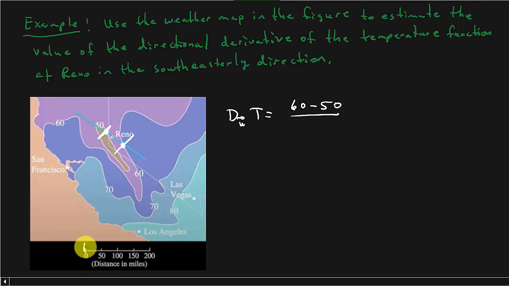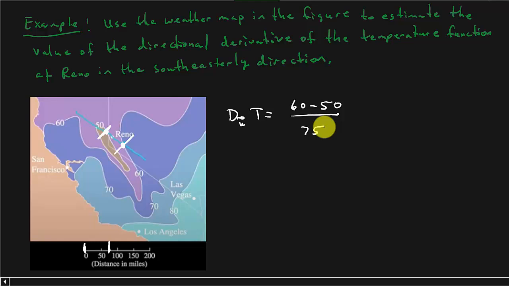They give us a scale here. It's a little more than the 50, about halfway in between, so if we turn that at an angle, it looks like that would be about 75.